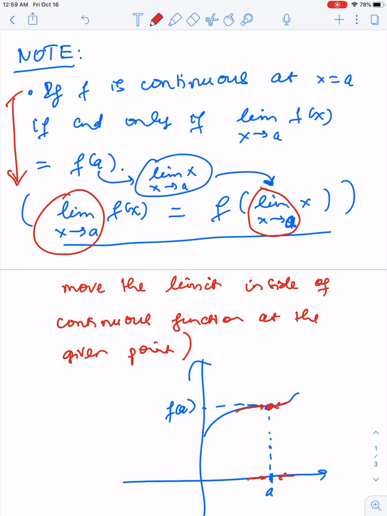So f is continuous if and only if this limit equals f(a), right?